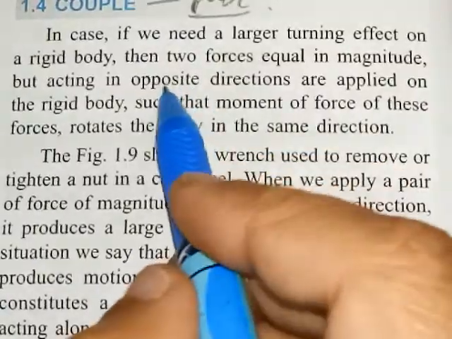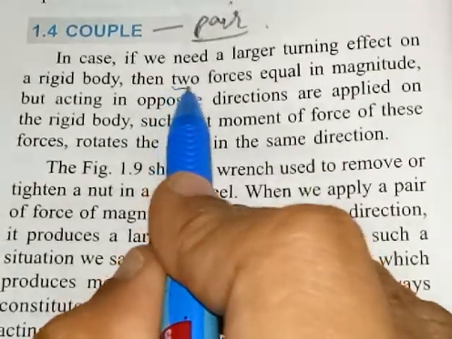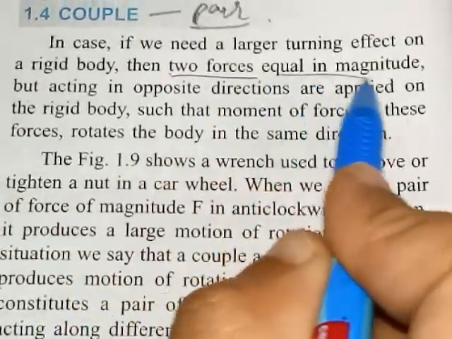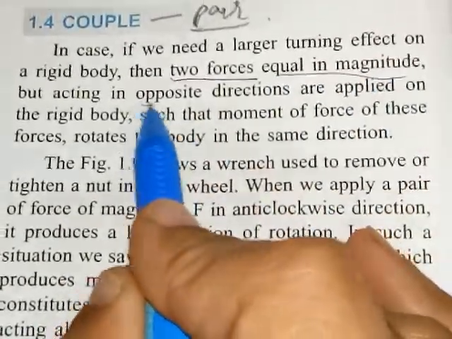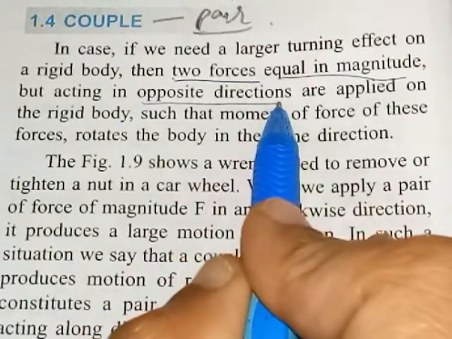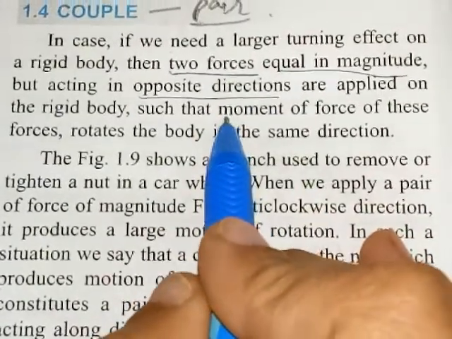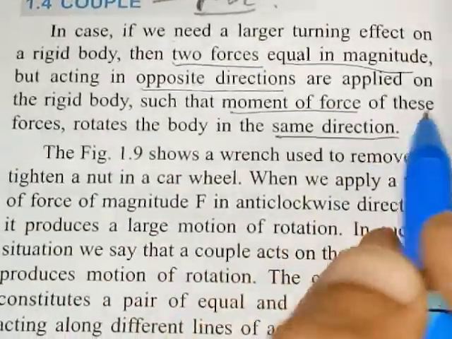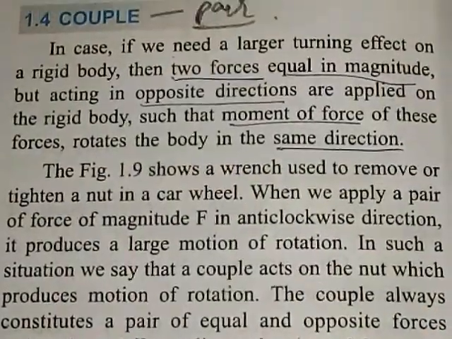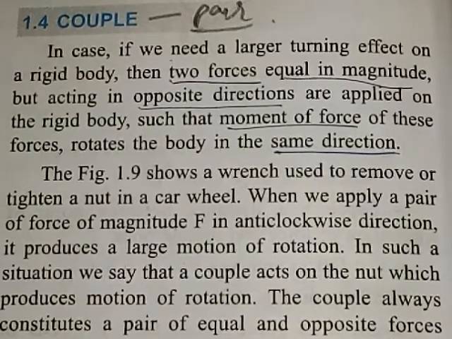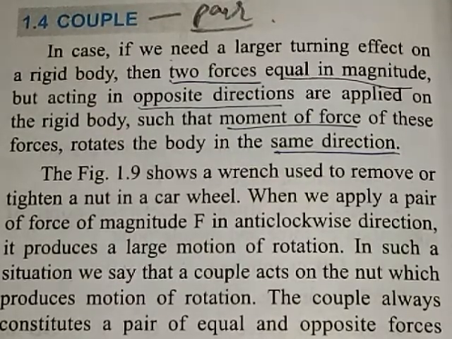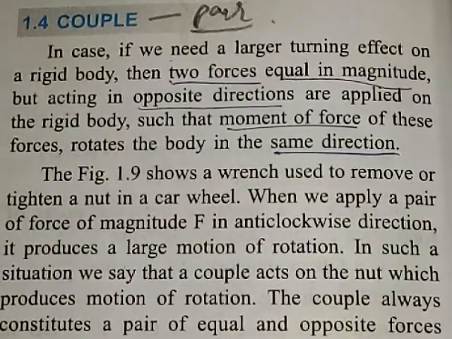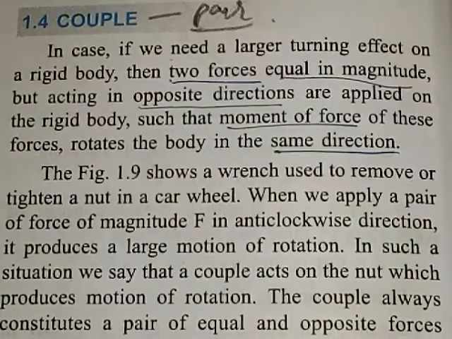It means you can see here two forces equal in magnitude, opposite in direction, such that the moment of force is in the same direction. Now we know that when we apply equal and opposite forces on a body, they cancel the effect of each other.